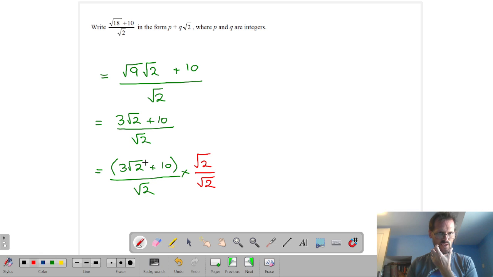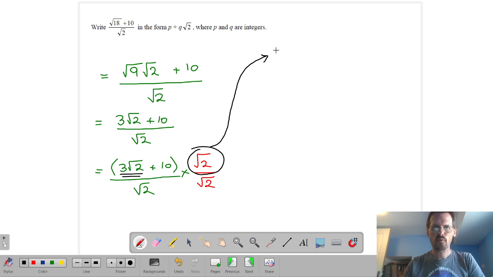And on the top, we have to times everything in that bracket by the root 2, which is why I put it in brackets. If we carry on up here, we're going to do the root 2 times 3 root 2. That's just 3 root 2 times another root 2 plus the 10 times the root 2.